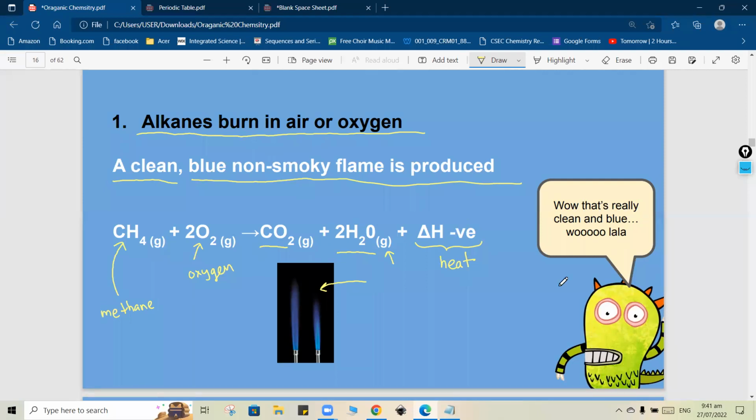So everyone take down everything on the screen here. Even if I take a different alkane, say ethane or propane, once I mix it with oxygen, I am going to get these 3 things: carbon dioxide, water vapor, and heat. You'll just get a different amount of carbon dioxide and a different amount of water.